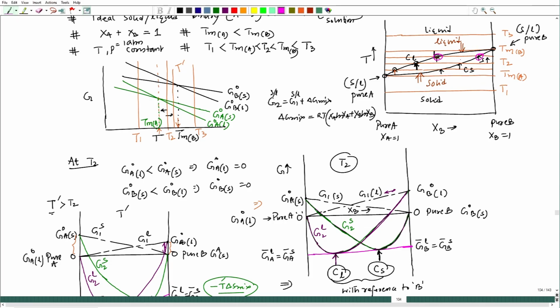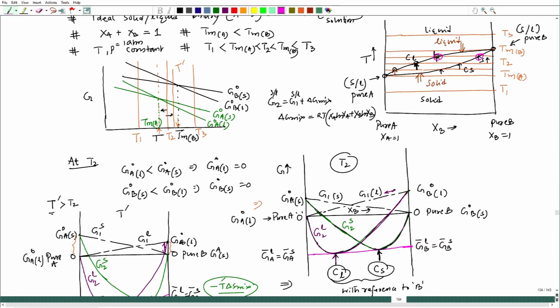These are shifted, and are not to scale. If you perform the calculation, you will see it will come to scale also, and the equations will show how to draw this particular diagram. So, now these are the two compositions: this is the solid composition and this is the liquid composition at T prime.